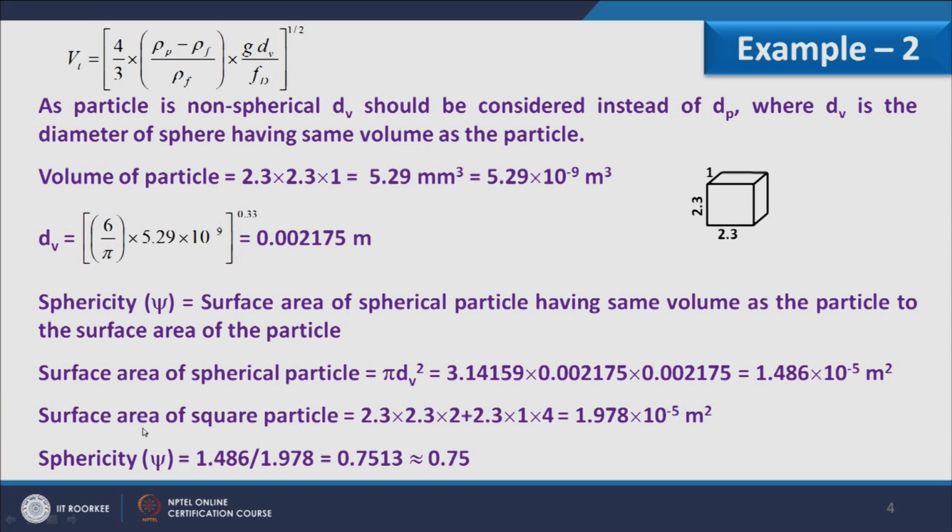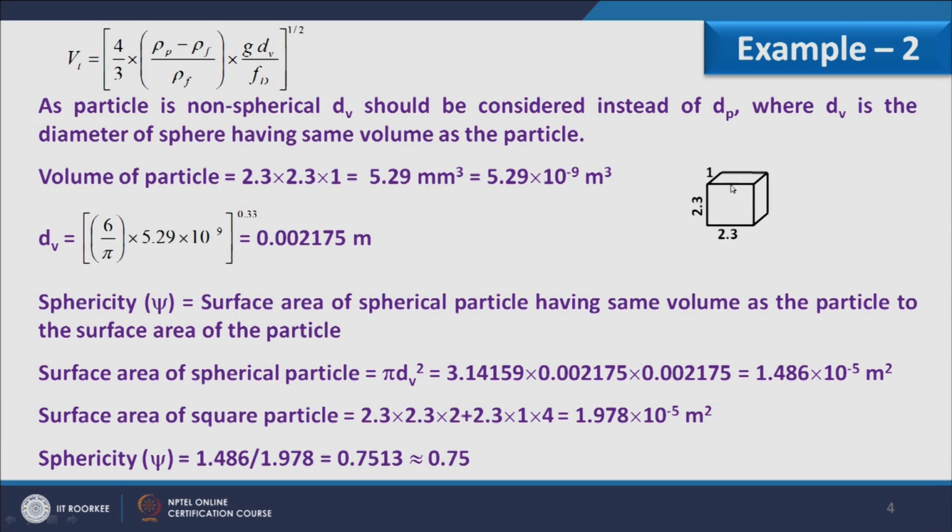Further, we have to calculate the surface area of the square particle. You see here how I can calculate the surface area of this particle. This is one face and a similar face is present opposite to this, and here we have another face, so there are a total of 4 faces of this size. The surface area is 2.3 into 2.3 into 2, because 2 faces are available of this size.